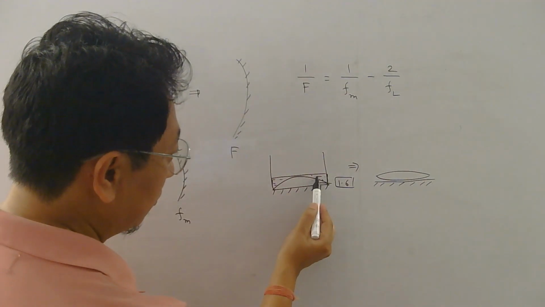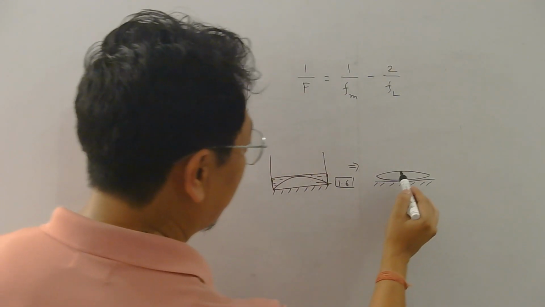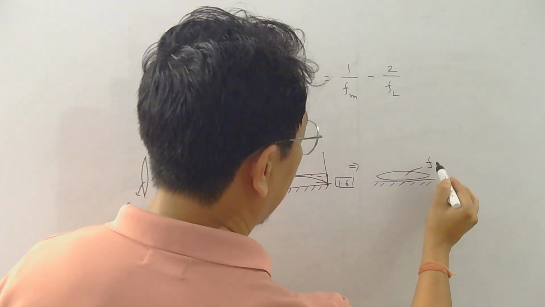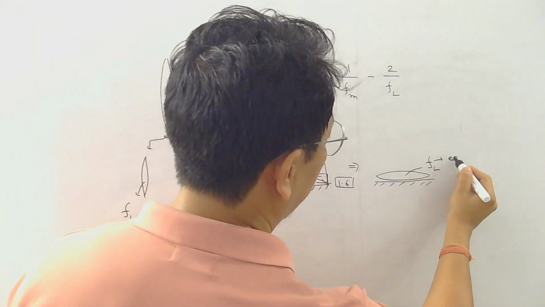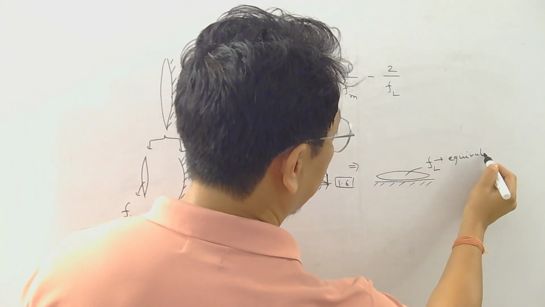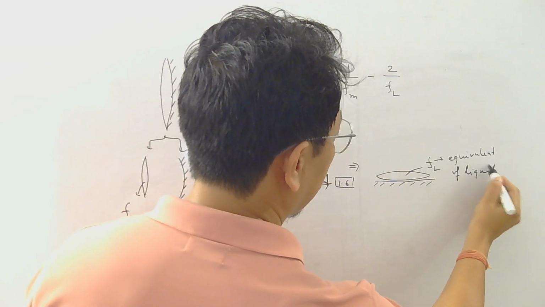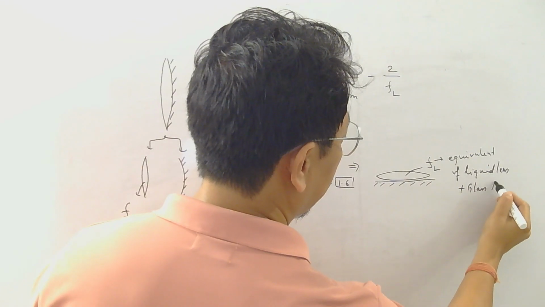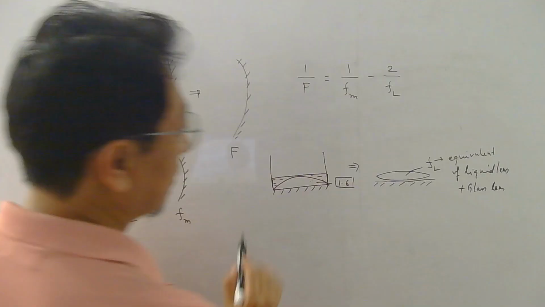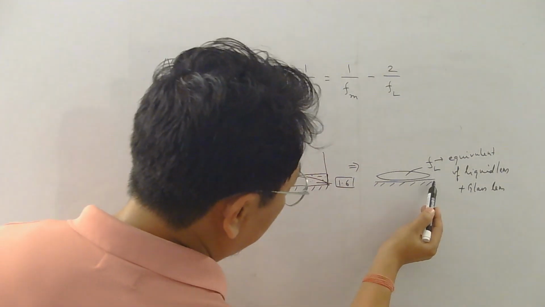So these two, the glass and the liquid, the equivalent of those two, I will call FL. This is the equivalent of the liquid lens plus the glass lens. So these two. And then this side is silvered, which is a plane mirror.